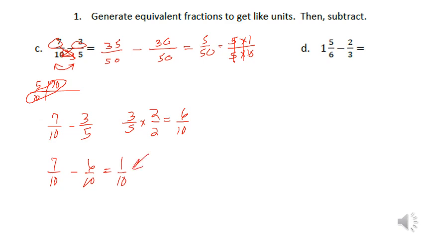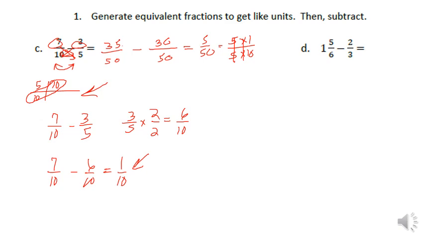You notice it's already in simplest form. That's because I went ahead and used this t-chart right here in order to find the least common multiple instead of just multiplying my denominators. Both are acceptable. Just realize that if you just use the happy face method up here, you are more than likely going to end up having to reduce.